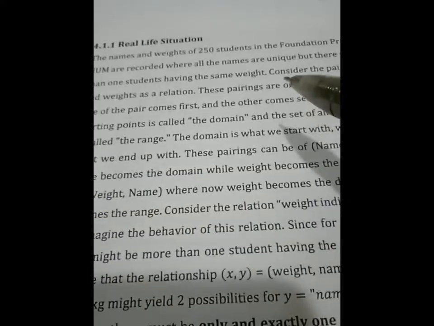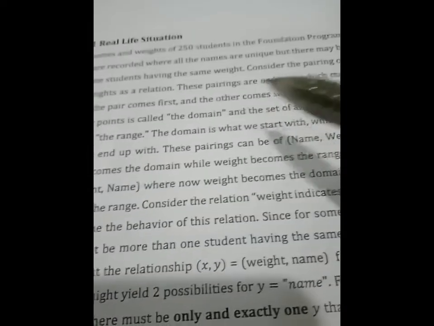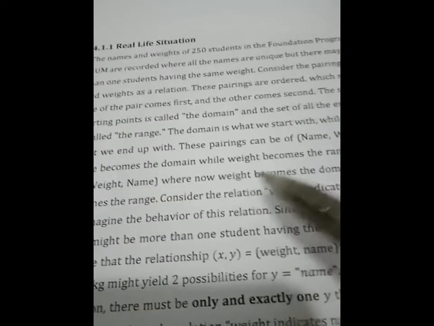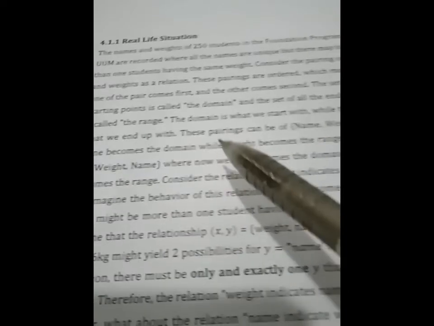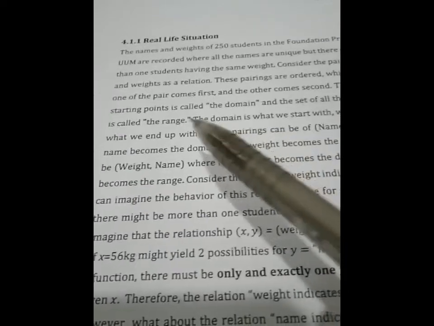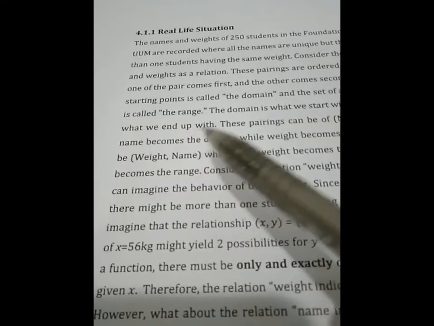We want to make pairs of data between the name of the student and the weight. The starting points are called the domain, and the set of all ending points is called the range.